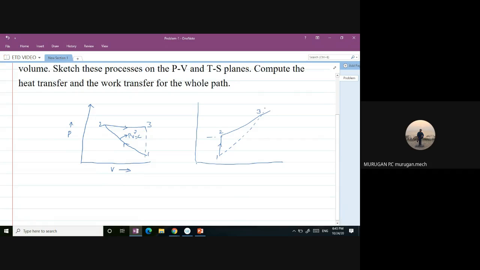In this we can see this is the line where V is equal to C. This is the entropy line, and this is the temperature line.